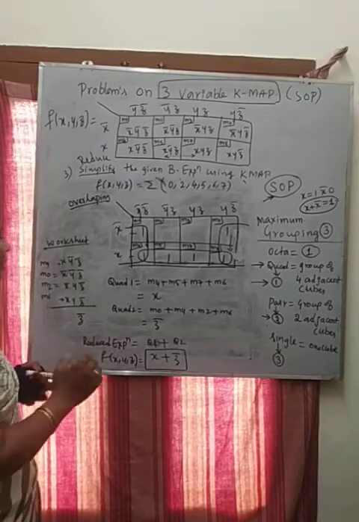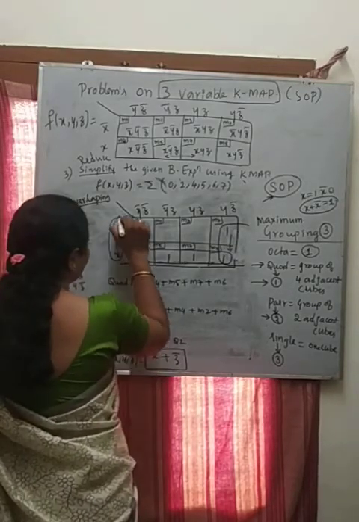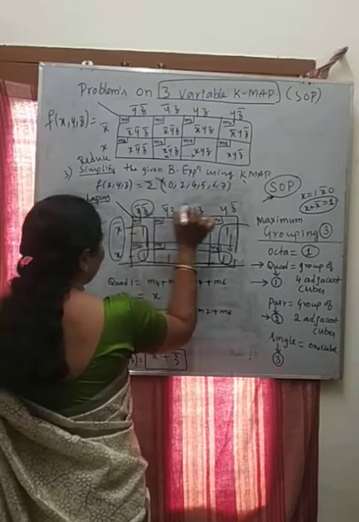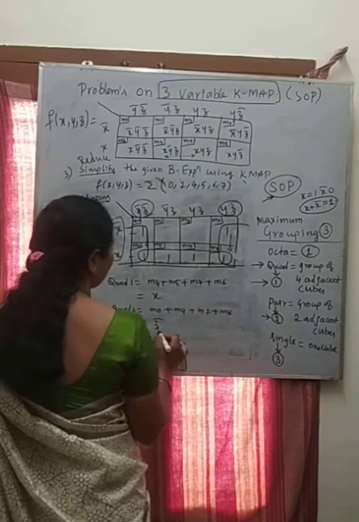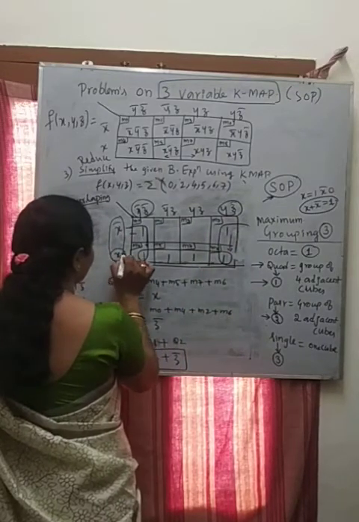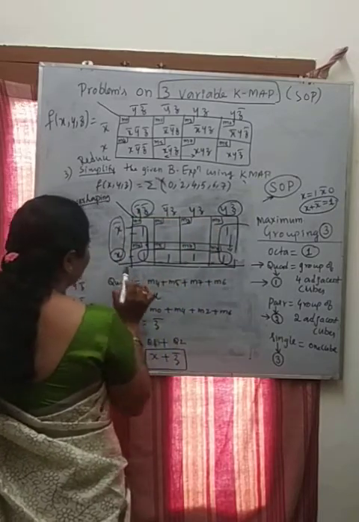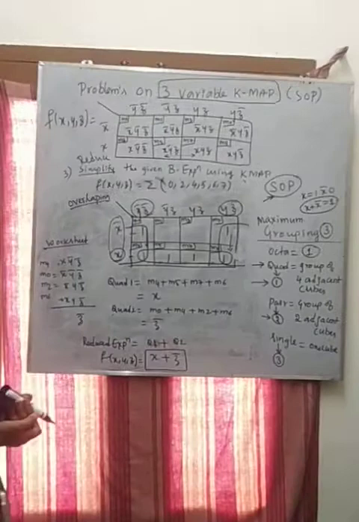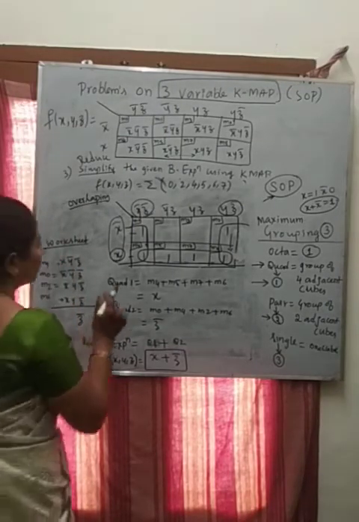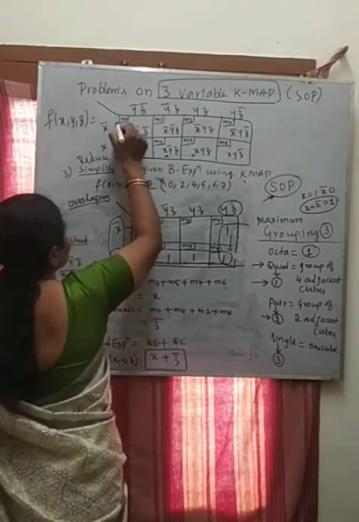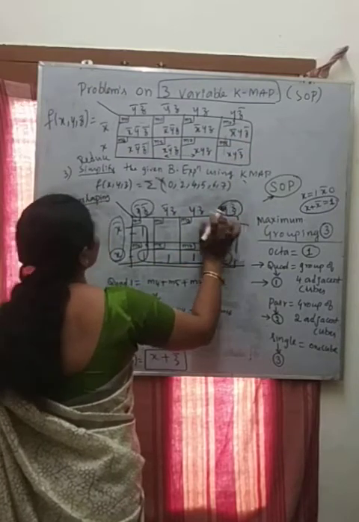Then how can I write without doing this? See, in this group X bar gets cancelled. Among these two, that means the second quad, what is common? Z bar is common. Among this, all gets cancelled. What is common we got? X we got as common. This is without doing a worksheet. Once again, a quad contains like this, right? Overlapping quad.